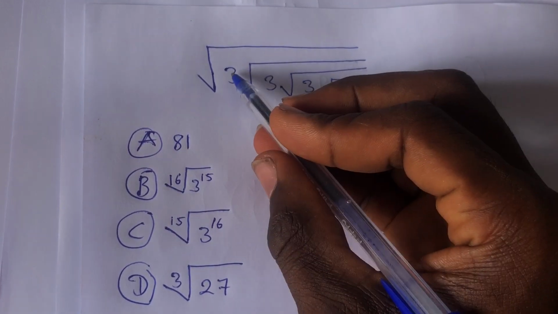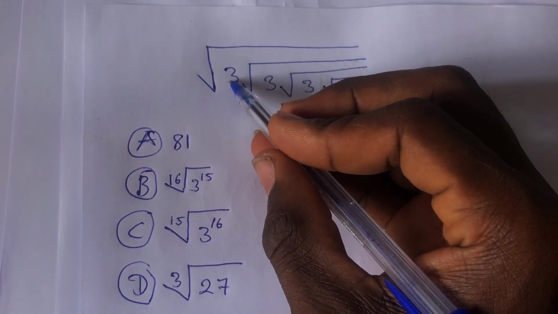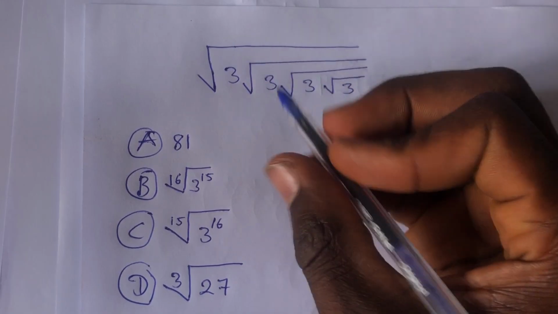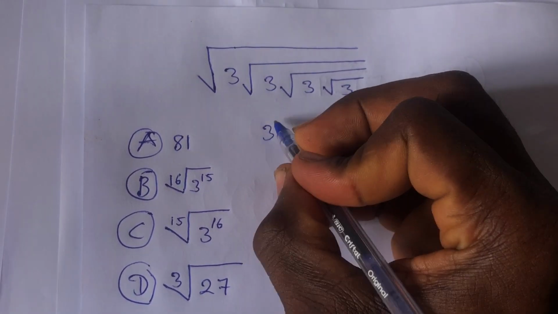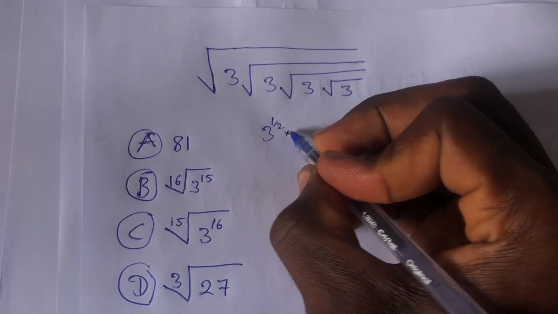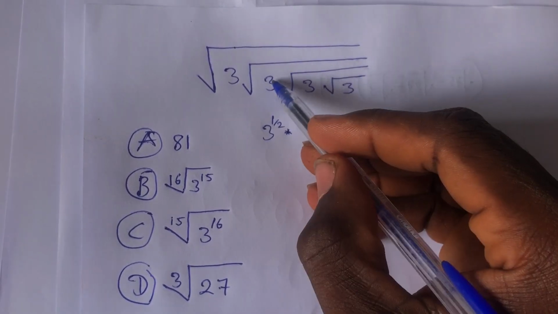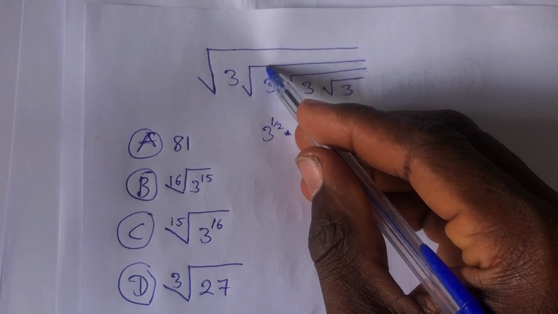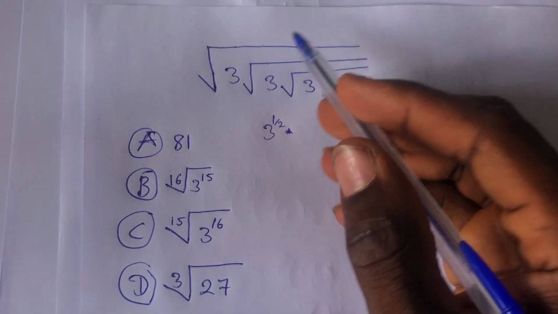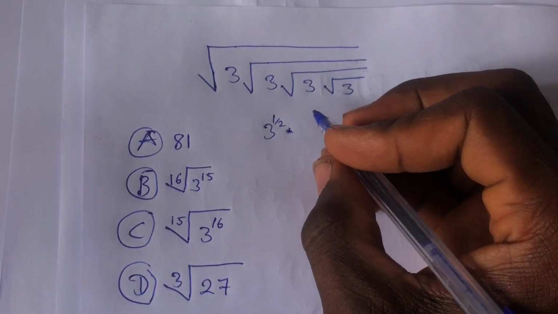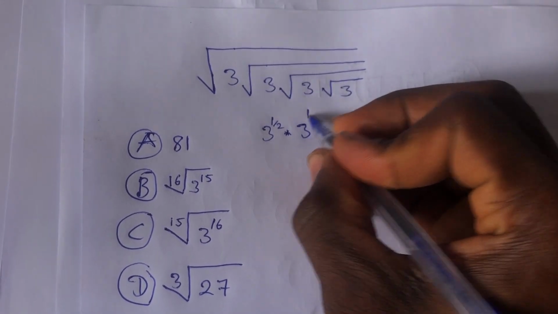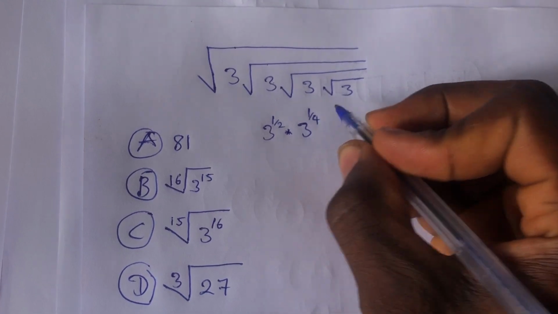So we know that here, this 3 is only raised to power 1 over 2. And it's going to multiply times this 3, which is raised to power 1 over 2 and raised to power another 1 over 2, which implies that it's raised to power 1 over 4. So this 3 is raised to power 1 over 4.